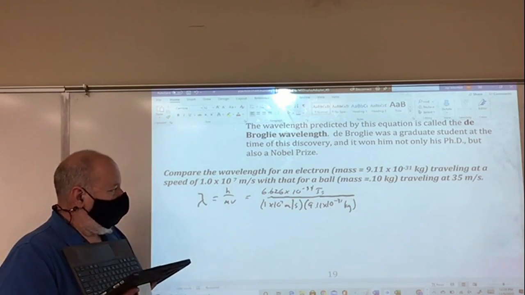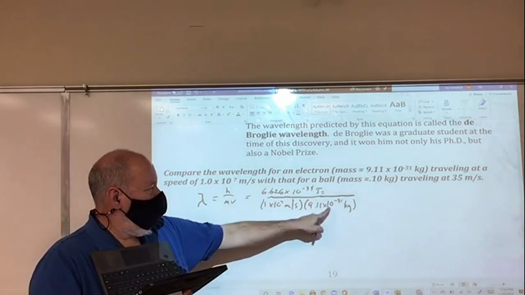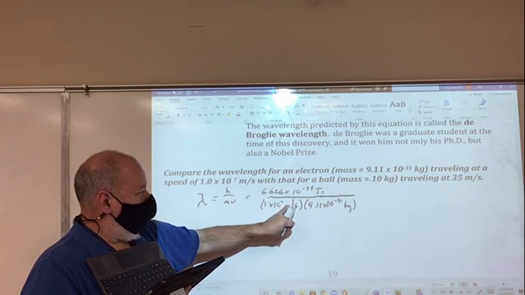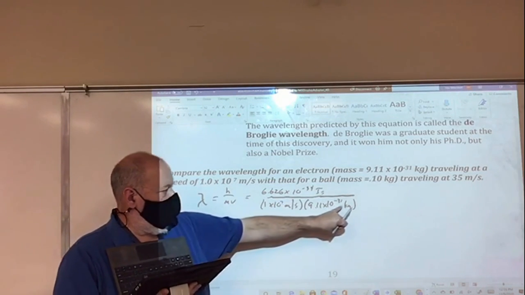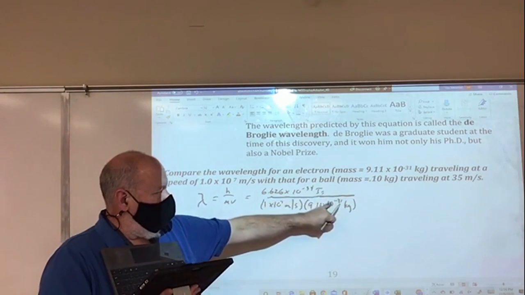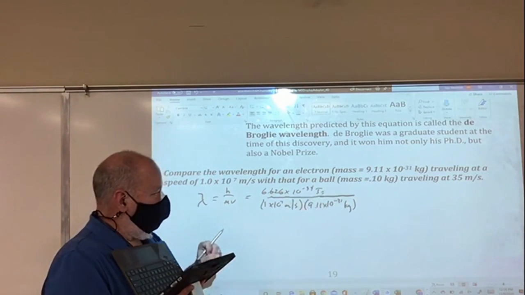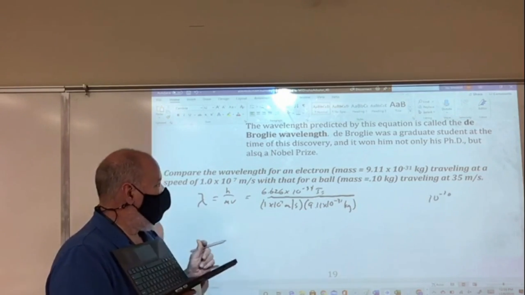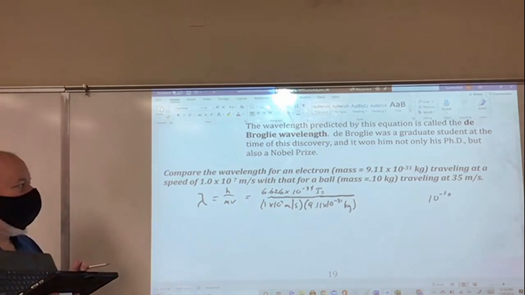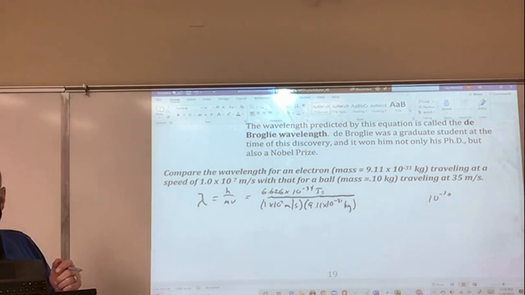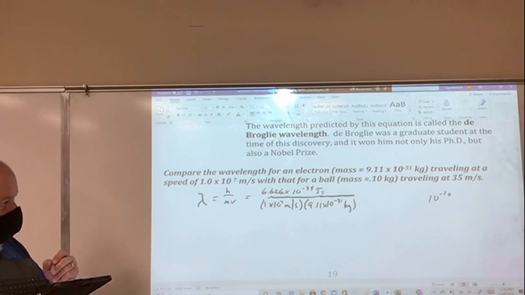And I can think about this in exponent terms. 7 plus negative 31 is going to be negative 24. So negative 34 minus negative 24 means that I'm going to be somewhere in the range of 10 to the negative 10th. How about 7.27 times 10 to the negative 11? Okay, so that's pretty close to 10 to the negative 10th.